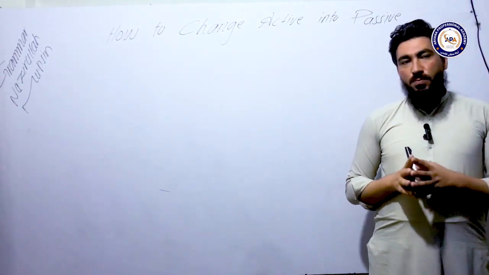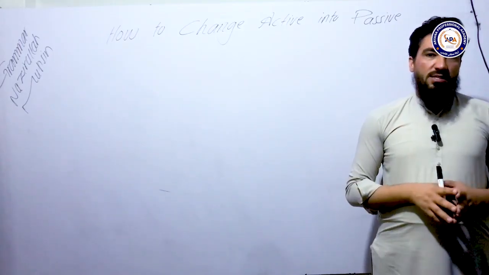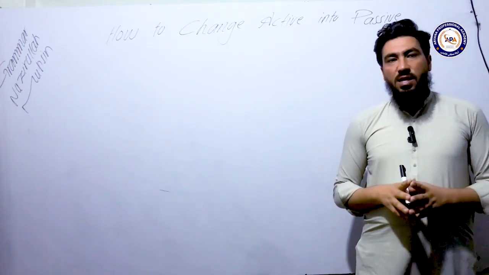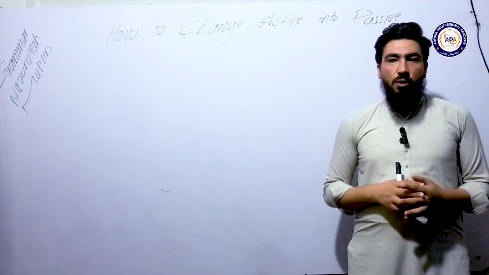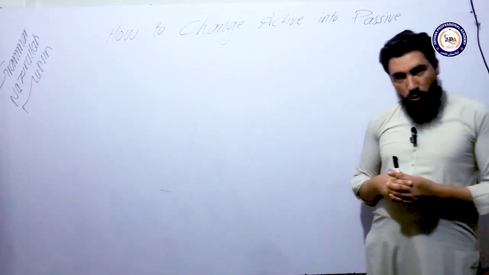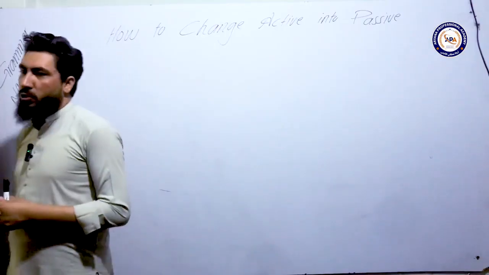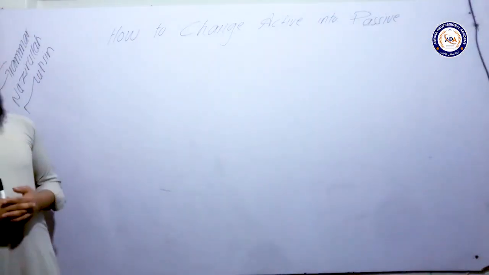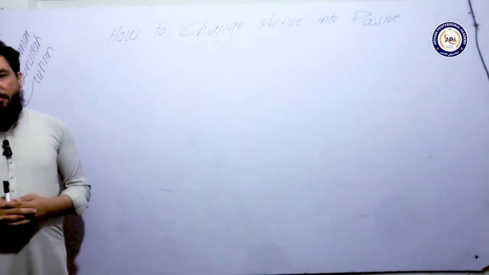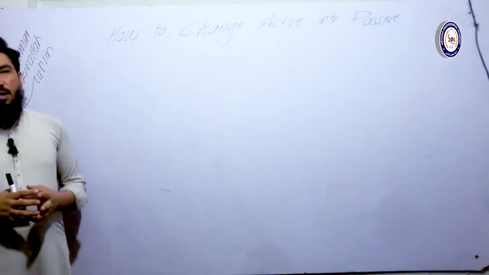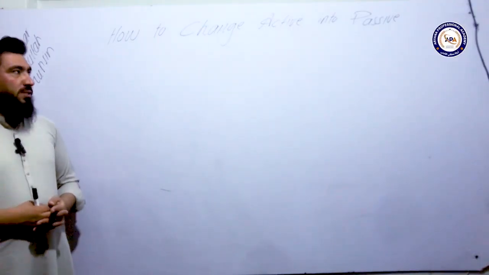When the subject is both the doer and receiver at the same time, this is called middle voice. And when the subject is neither the doer nor the receiver, this is called zero voice. So in grammar, we have four types of voice: active voice, passive voice, middle voice, and zero voice.